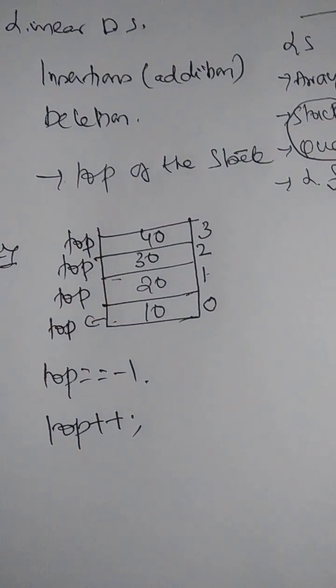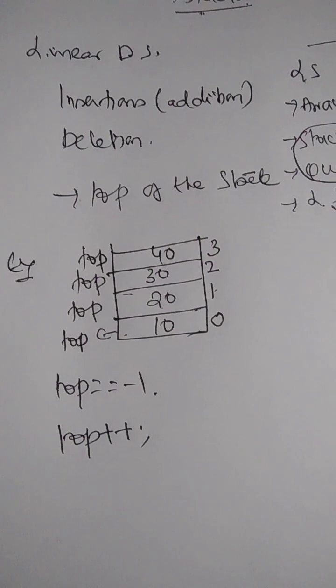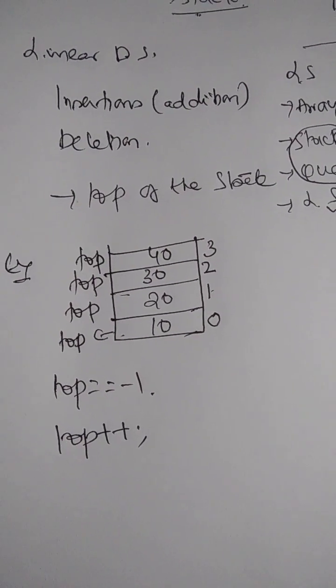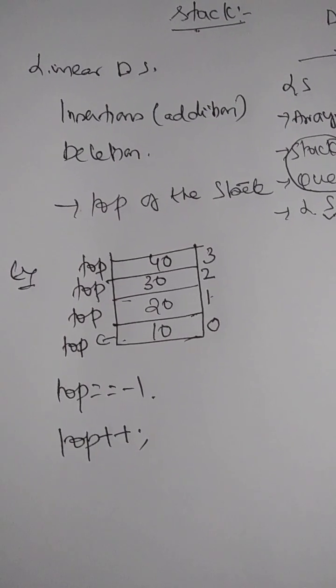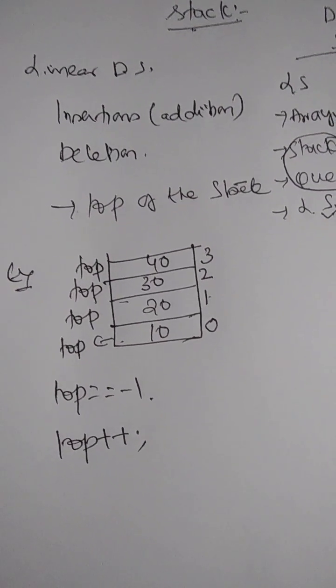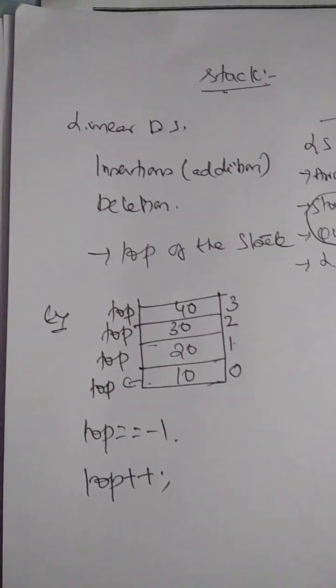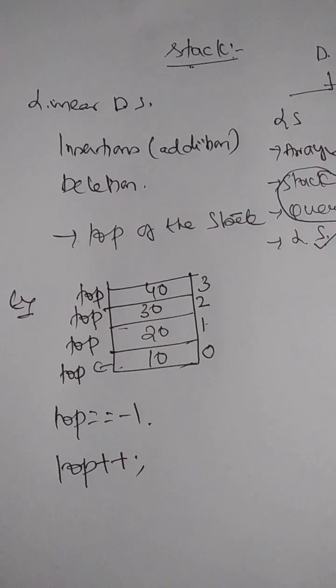Remember, whenever you are inserting values into the stack the top value will be incremented by 1, and when you are deleting elements from the stack the top value will be decremented by 1, right?